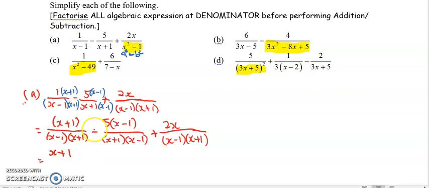So if I have a minus outside, it will become a minus 5x minus 1, plus 2x. So we apply the general rule from left to right.